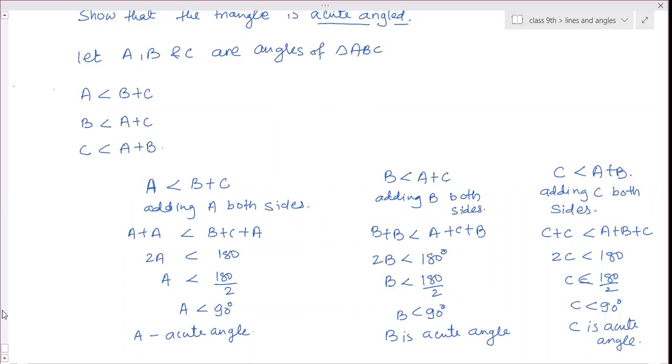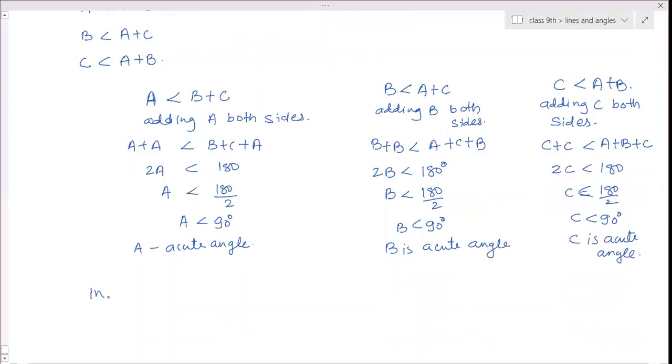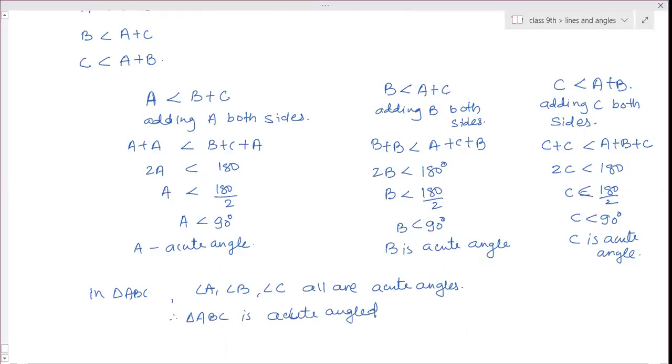So all three, A, B and C, are acute angles. So in triangle ABC, angle A, angle B, angle C are all acute angles. Therefore, triangle ABC is an acute angled triangle.